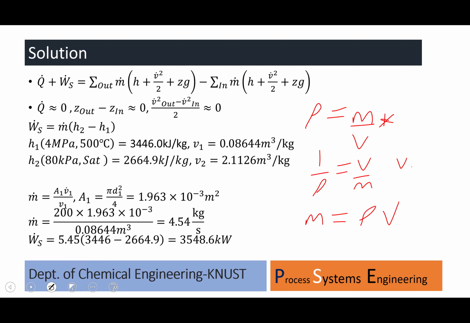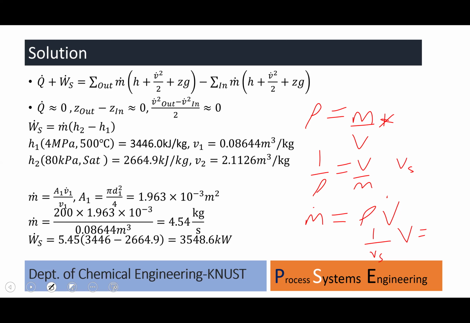So let me just put subscript S here so that we differentiate them. So the density here, I can make it 1 over my specific volume times the volume that I am looking at, right? And then this volume here, because now I'm dealing with a flow rate, it's m with a dot on top. So it's now a flow.